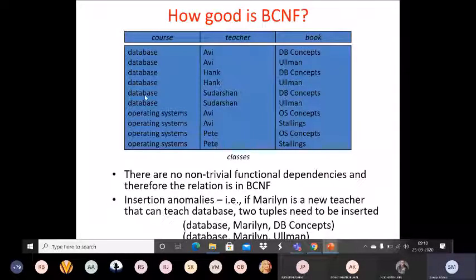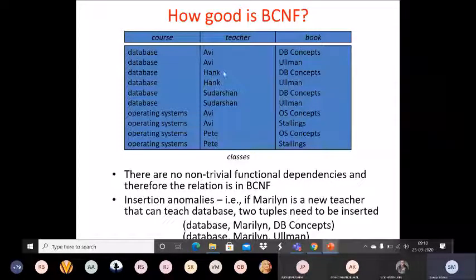So there are some courses, database courses, operating system courses. These are the teachers and these are the books. So database by Abhi, and the books were DB Concept and Ullman. Abhi is teaching 2 books, DB Concept and Ullman.